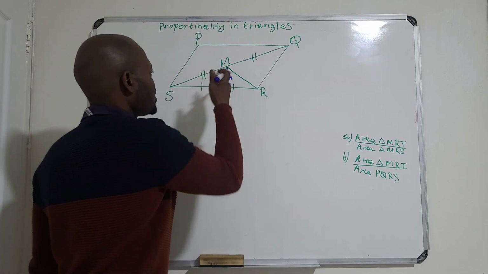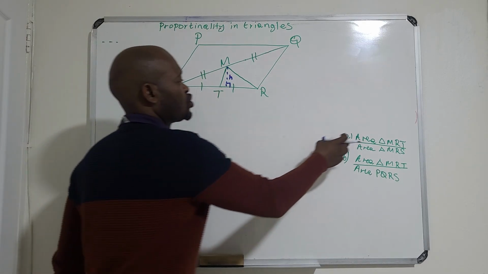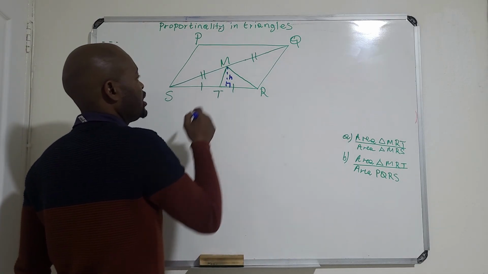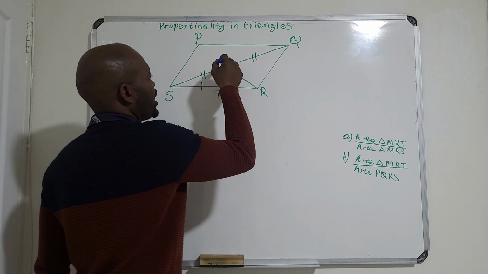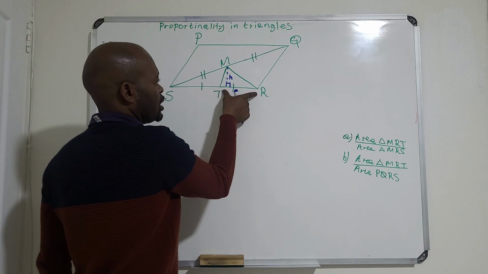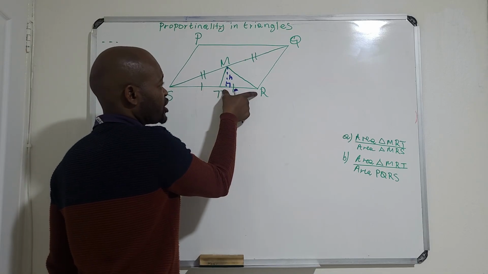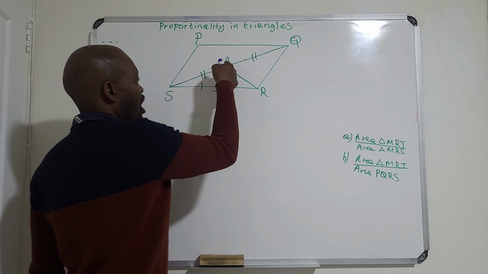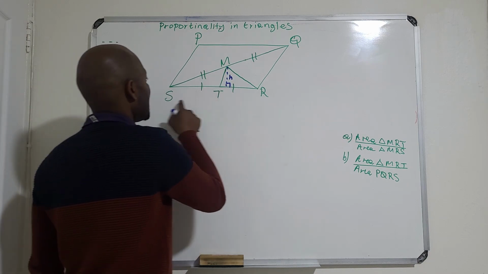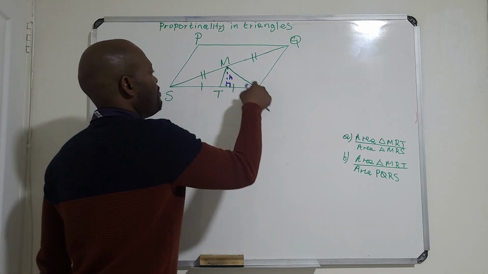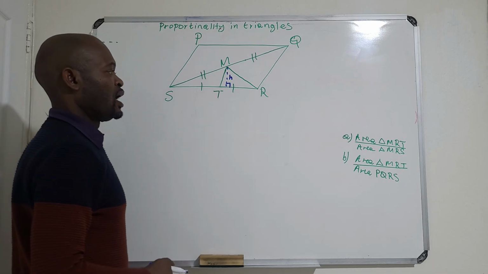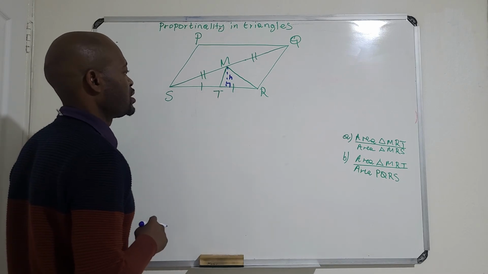Therefore, we construct our height since we are told to find the area of triangle MRT over the area of triangle MRS. Our height is perpendicular to the base of triangle MRT, and still perpendicular to the base SR for MRS. Therefore, we can find the ratio of the two triangles.